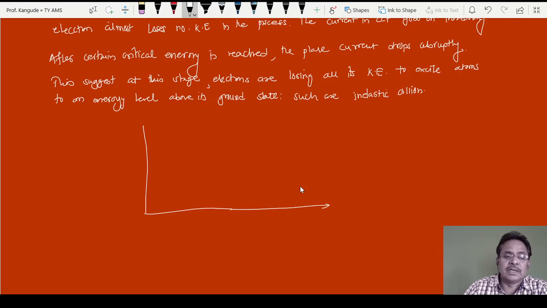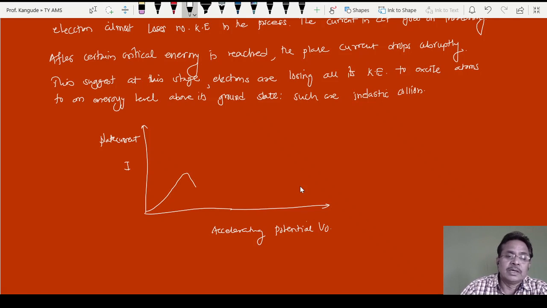This is the accelerating potential, that is my V0, and this is the plate current, that is capital I, which we are measuring here. It is observed in this experiment that initially this current goes on increasing, reaches a maximum and then falls.